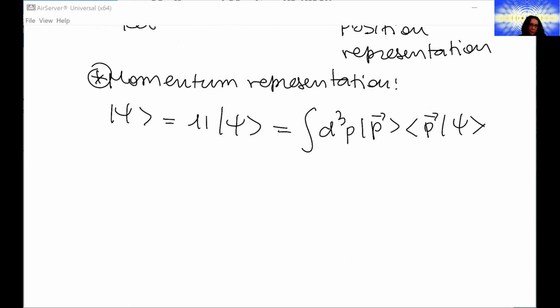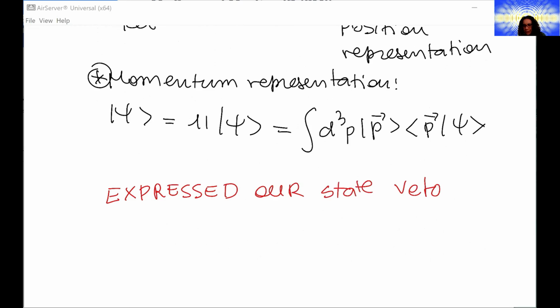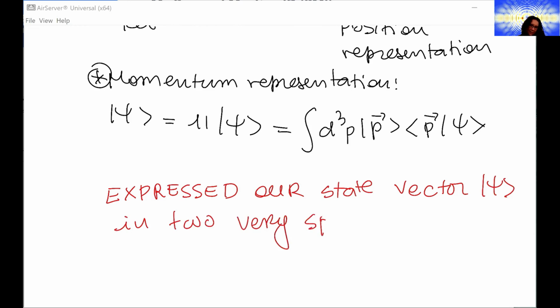So we expressed our state vector psi in two very specific bases, right?